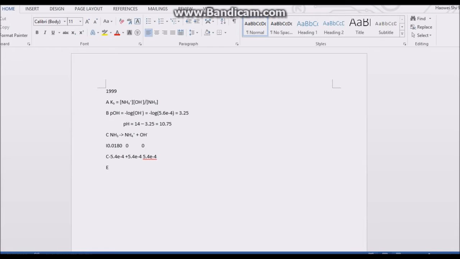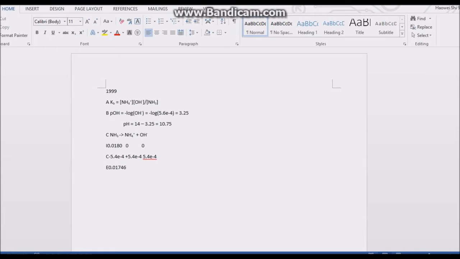For the final concentration of NH3, we get 0.0180 minus 5.6 times 10 to the negative 4th, which gives us 0.01744 molar.